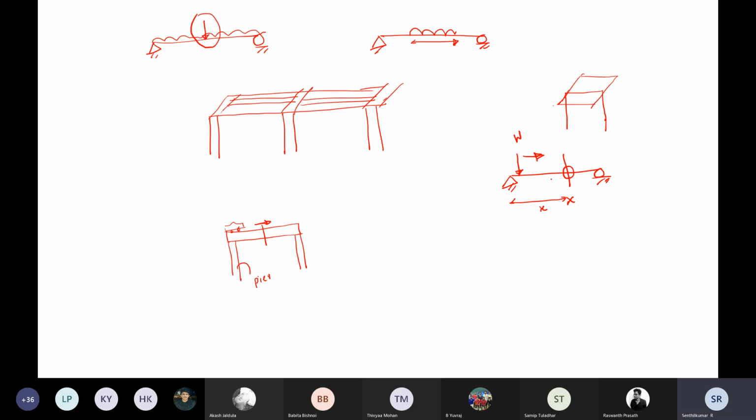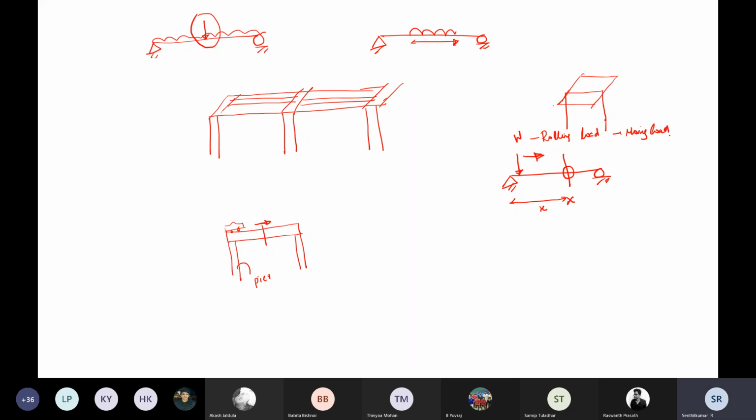The section can be put anywhere, X from 0 to L. So I want to know at the section X what my shear force and bending moment will be when the load is moving from left to right. That is called a rolling load, or moving load. We call it a moving load.